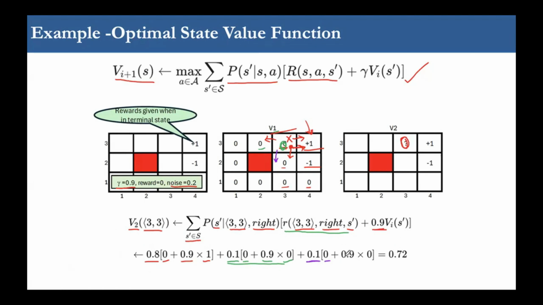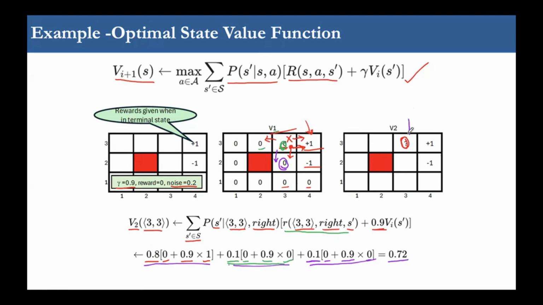So it is 0 plus 0.9 into 0. 0 is the value which we have in the previous iteration. Now we add all these three: the right move, the left move and the down move. When we add all these three, we'll get 0.72.